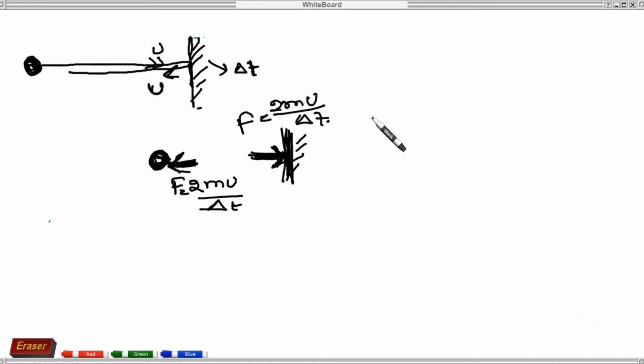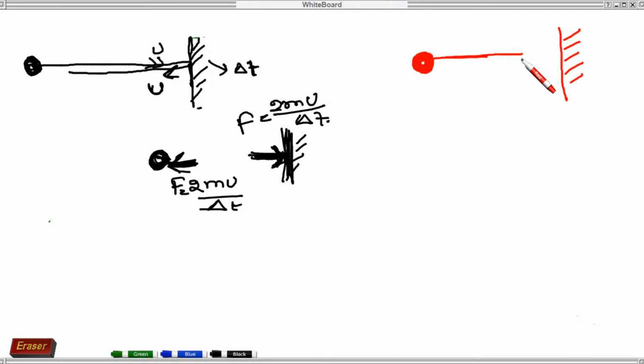Suppose we consider a case where this ball is moving in this direction with velocity u, and this wall is coming here with velocity v.